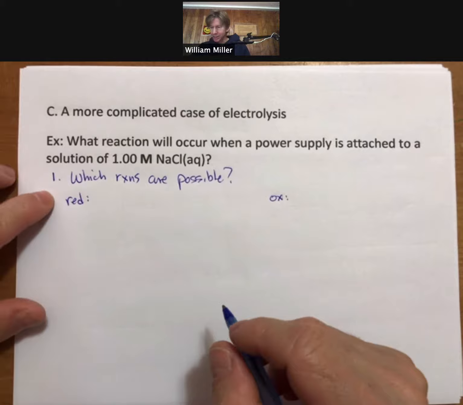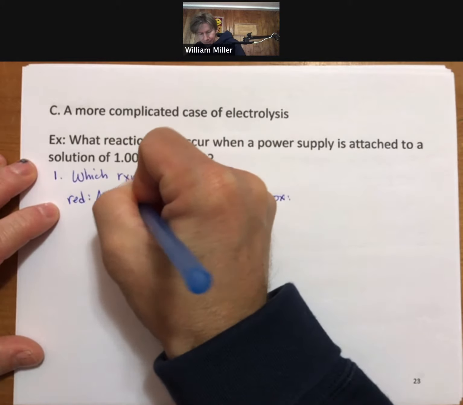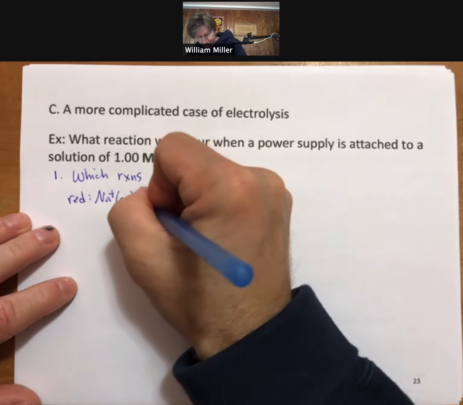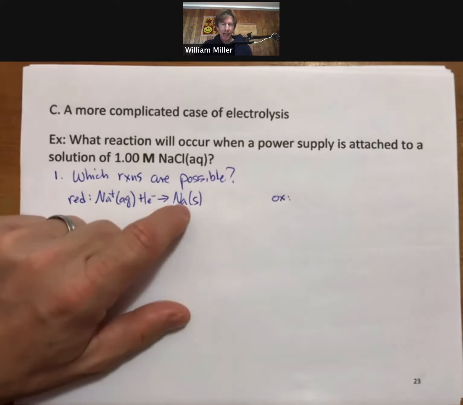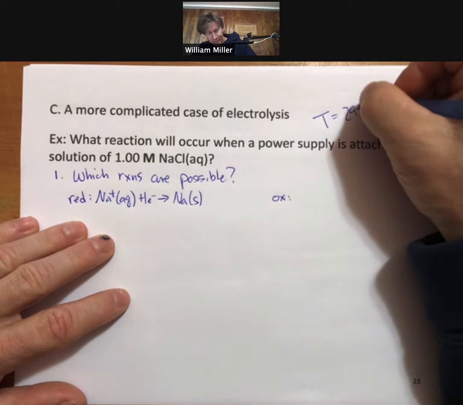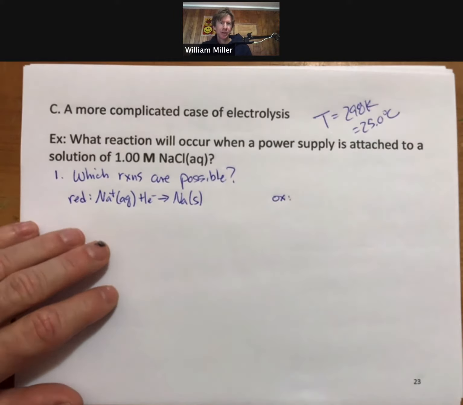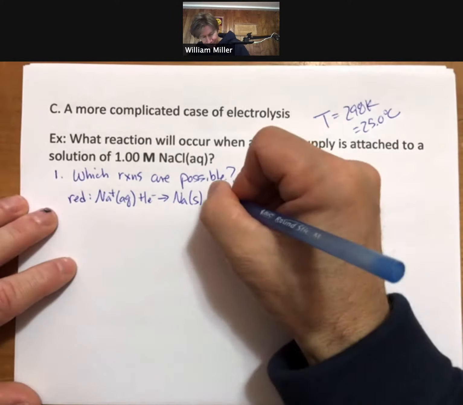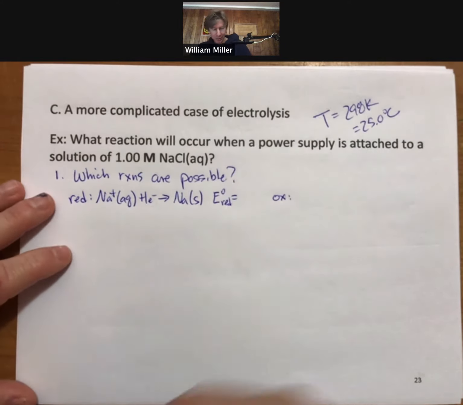My possible reduction will be sodium, this time aqueous, plus 1 electron goes to sodium, which will now be solid. We're at T equals 298 Kelvin, which is 25 degrees Celsius, and sodium will be a solid. This is still minus 2.71 volts.